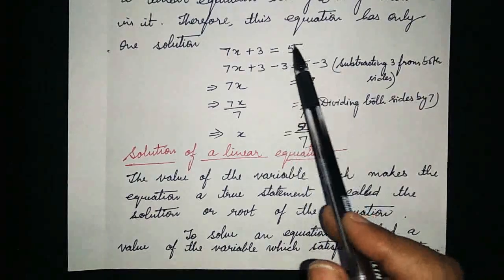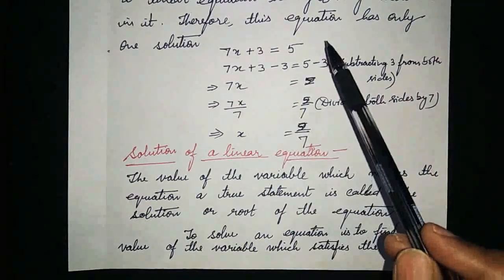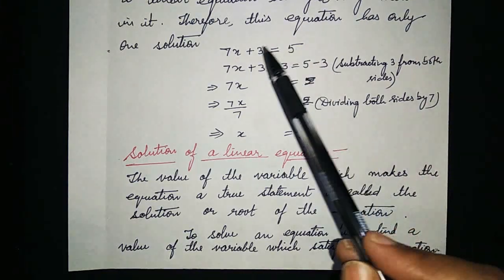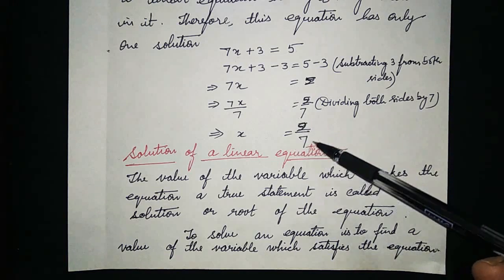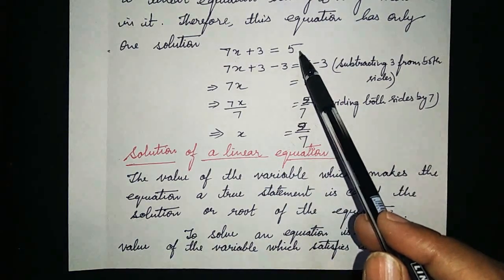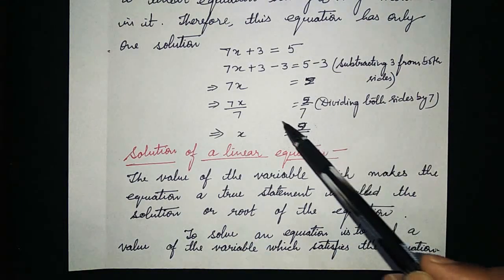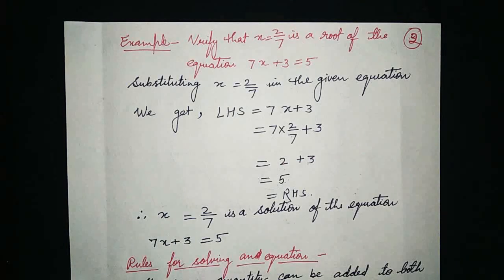The statement is true. And if the right hand side and left hand side values both come out the same, it means our value is satisfying the equation and the calculated value of the variable is correct.